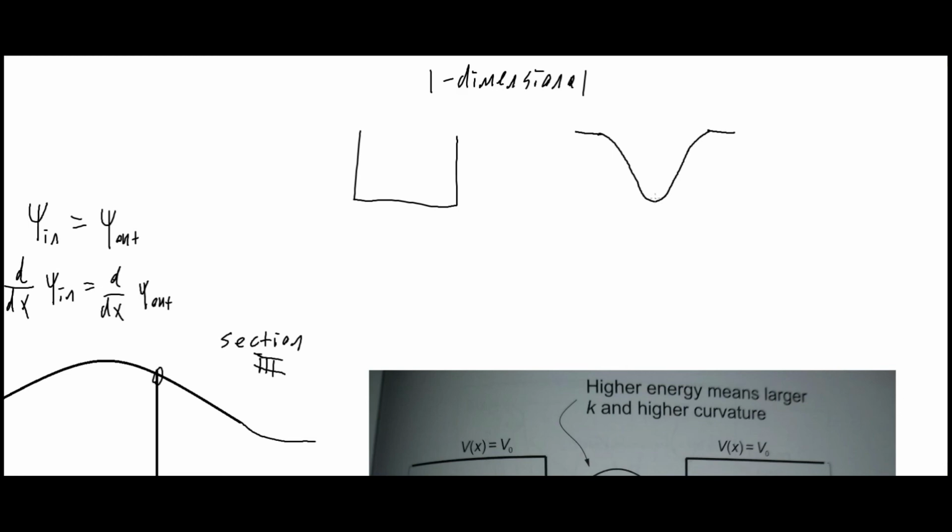Only here at the very center is V equal to 0, and then it climbs steadily on the outside, rather than being this step function where we go right from 0 potential to whatever the potential is on the outside.